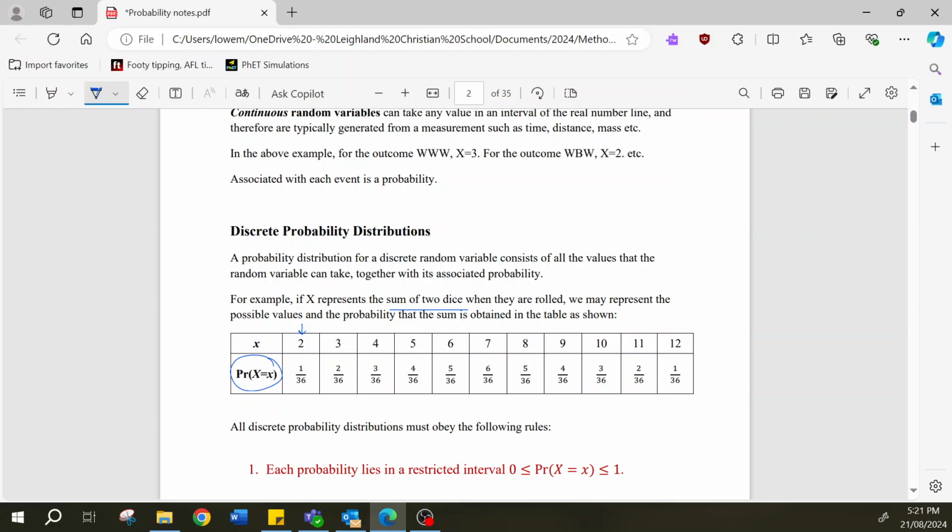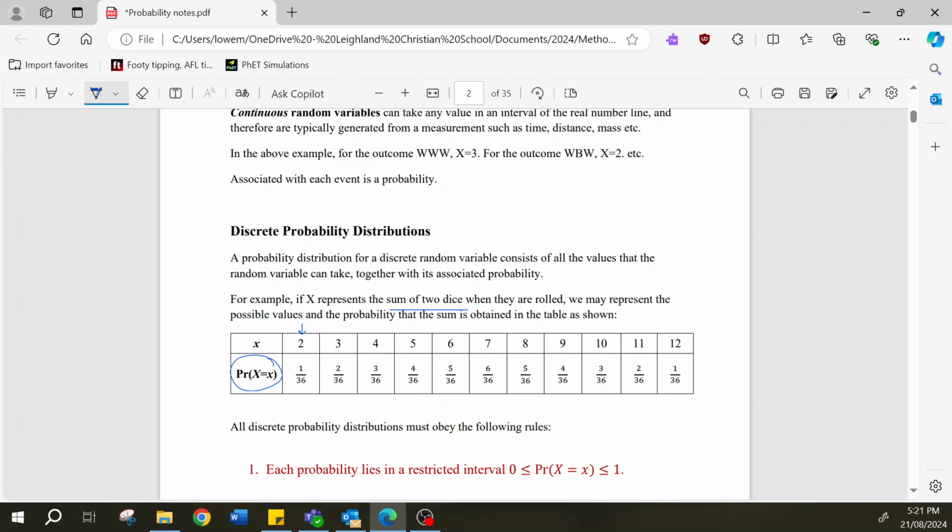Well, that's going to be 1 out of 36. There are 36 possible outcomes. And the only possible outcome is a 1 and a 1, rolling for the two dice to give us the sum of 2, and so it's 1 out of 36. For a sum of 3, well, we can have a 1 then a 2, or we could have a 2 then a 1, so that's 2 possible outcomes out of 36.